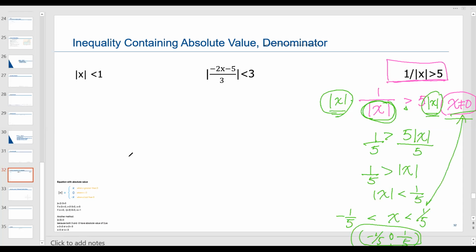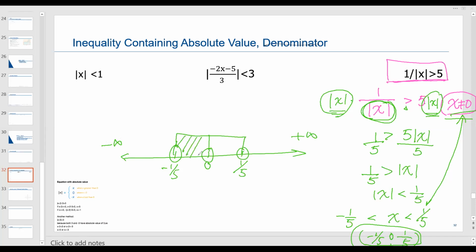That's why we need graphing. So let's go back and write the graph like here: negative infinity, positive infinity, and 0. 0, we need to take it out. It does not belong here. And 1/5, -1/5. Between these two, we need to take out the middle one.